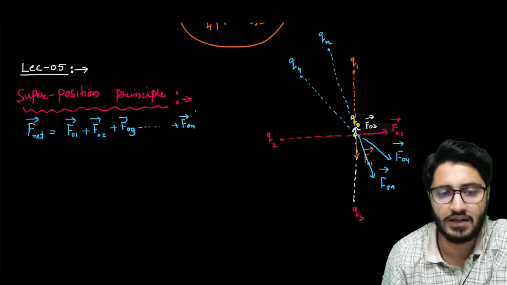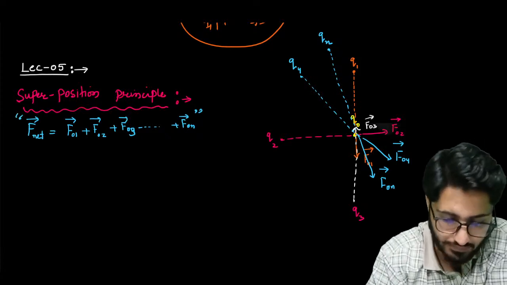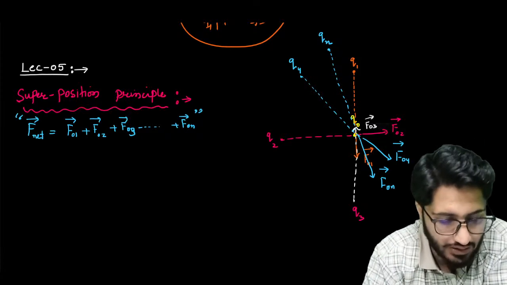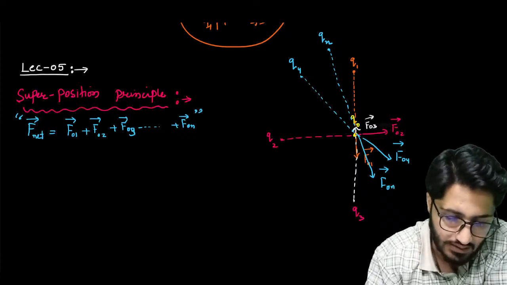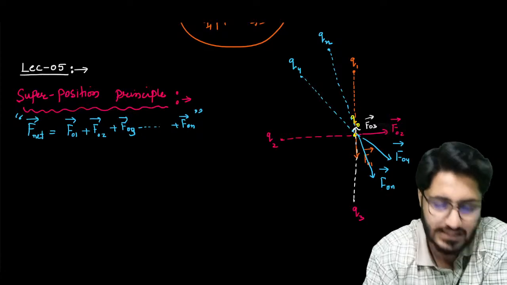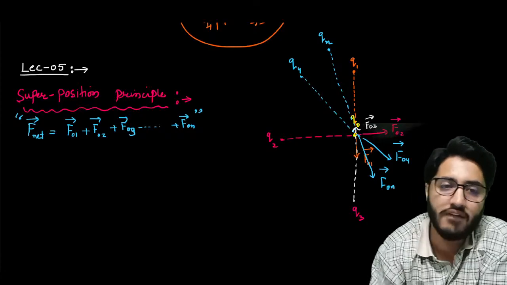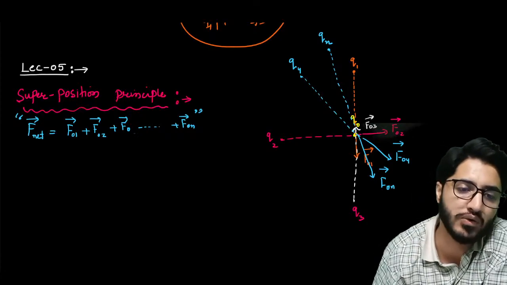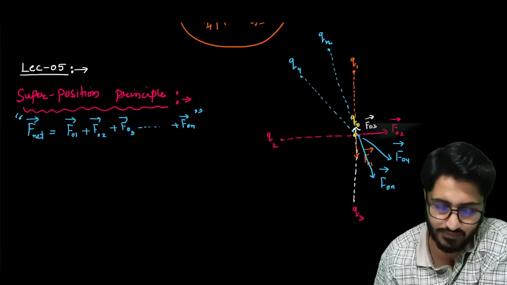This particular relation is known as superposition principle. That means net force on any body is equal to the vector sum of all the forces which are acting on that particular body. So this statement is known as superposition principle.